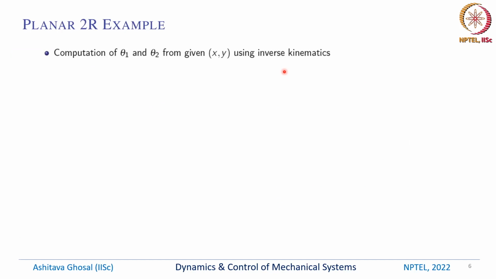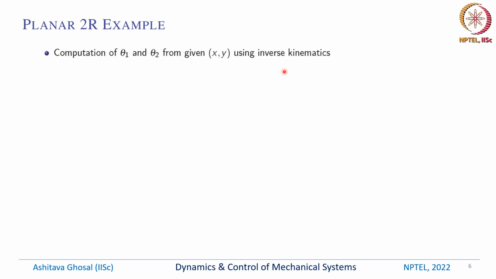Now, to solve the inverse dynamics problem, we need to find theta 1 and theta 2 as a function of time. We also need to find theta 1 dot and theta 2 dot, and the second derivatives of theta 1 and theta 2 as a function of time. Because remember, the equations of motion are tau equals M into theta double dot plus some Coriolis term plus some gravity term.